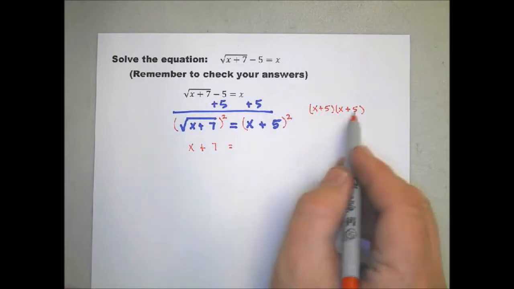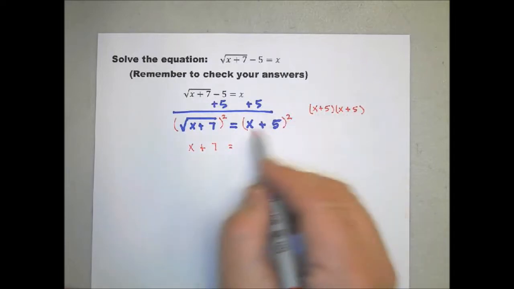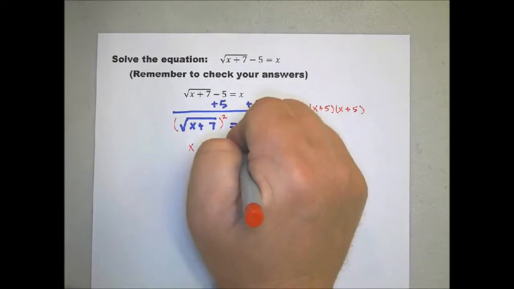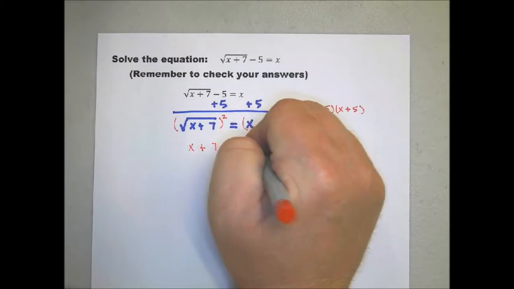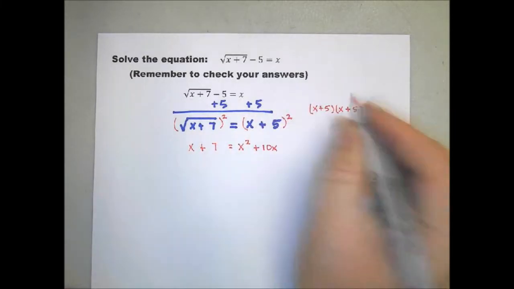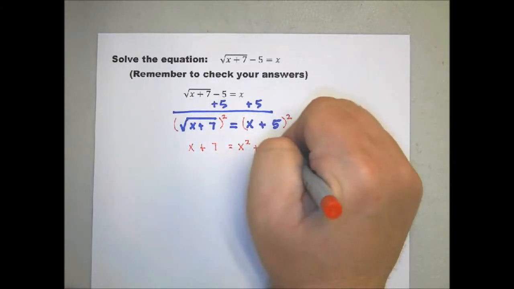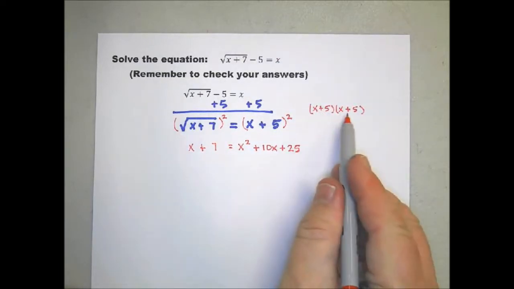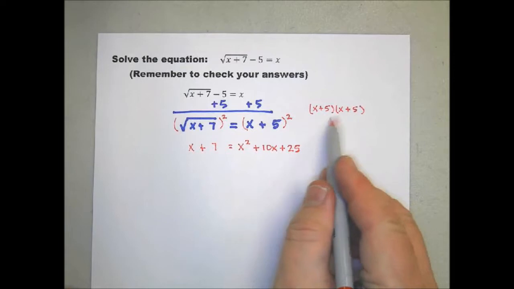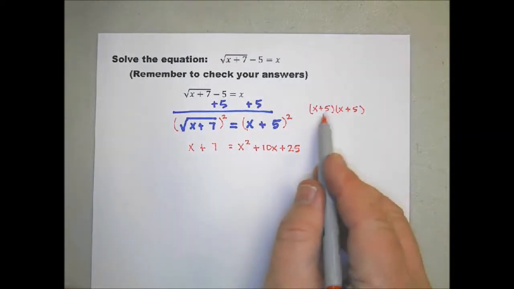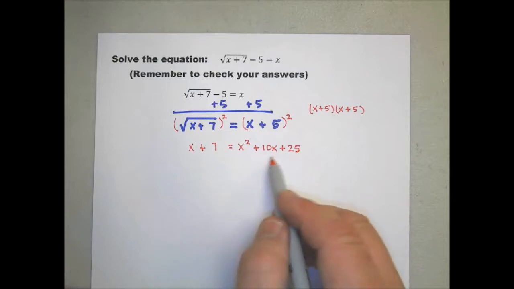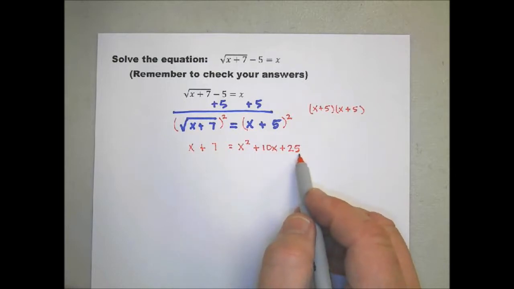Now, if you FOIL really well in your head, and we're going to say you do at this point in time, x plus 5 times x plus 5 is x squared plus 10x plus 25. You can verify that if you want by FOILing this or by matrixing it, but trust me, x plus 5 quantity squared is x squared plus 10x plus 25.